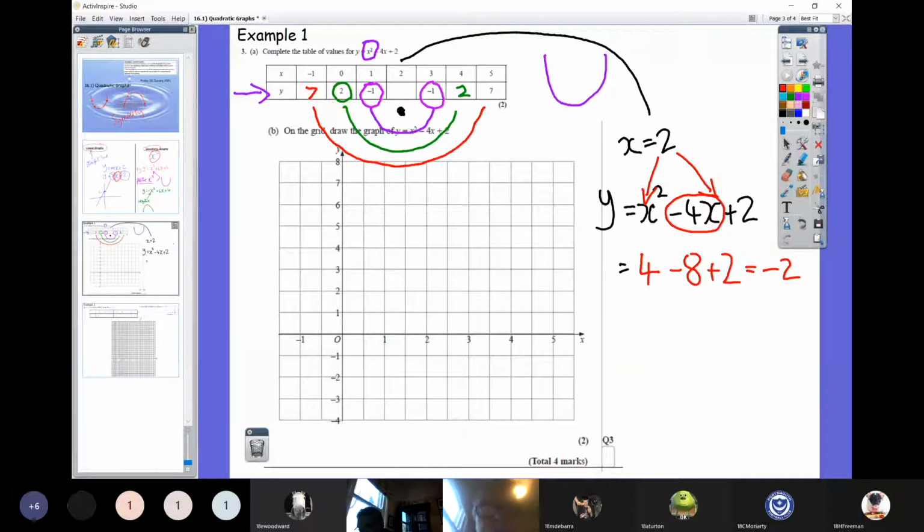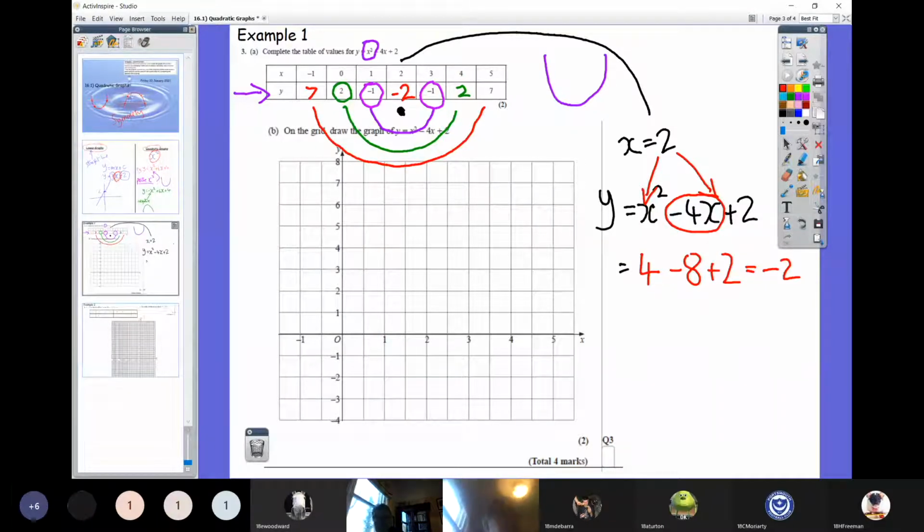Filling in that table is all you will be doing today. But while we are here, if we'd been in lessons, we would be doing the next bit. So I just want you to watch the next bit, even though you won't be doing it on Dr Frost. The coordinates I'm going to be plotting are -1, 7.